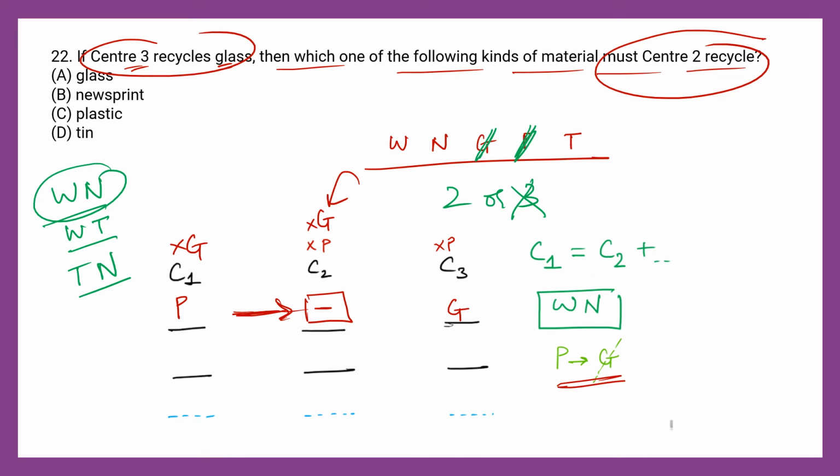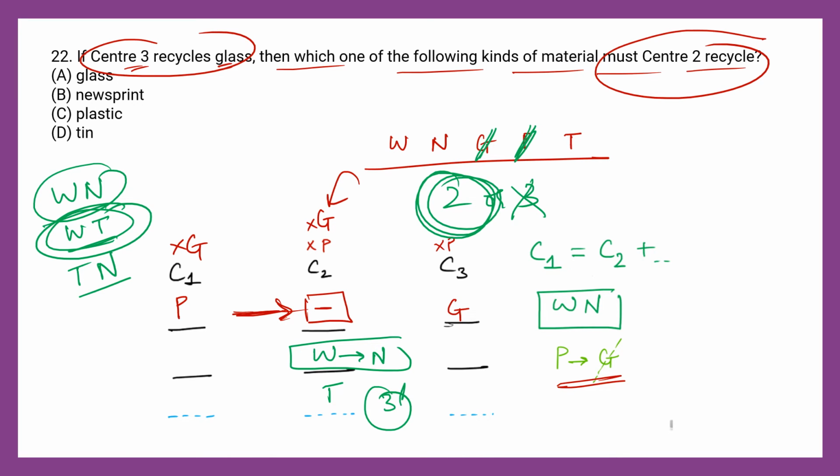Can you put W and T in here? No, you can't, because when you put W, you also need to get the N, which makes a total of 3. When you put W and T together, it becomes a total of 3, but we want exactly 2. So this is not possible.